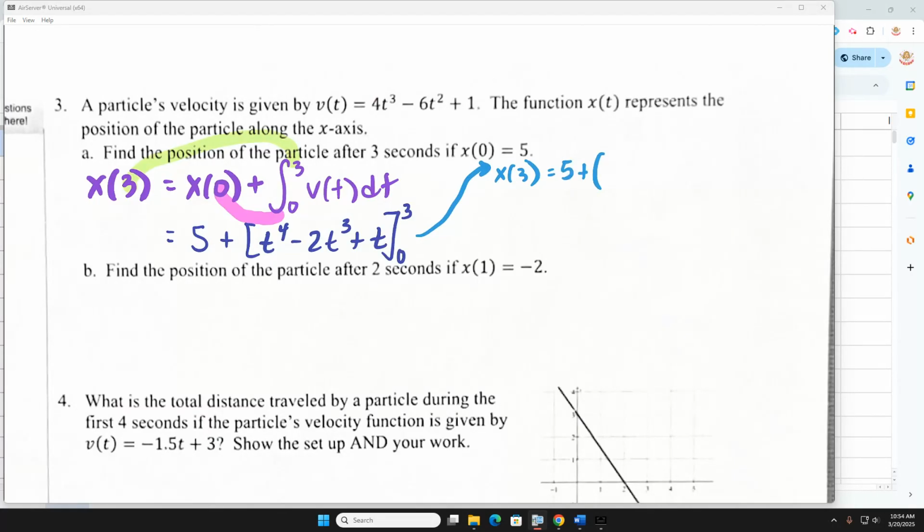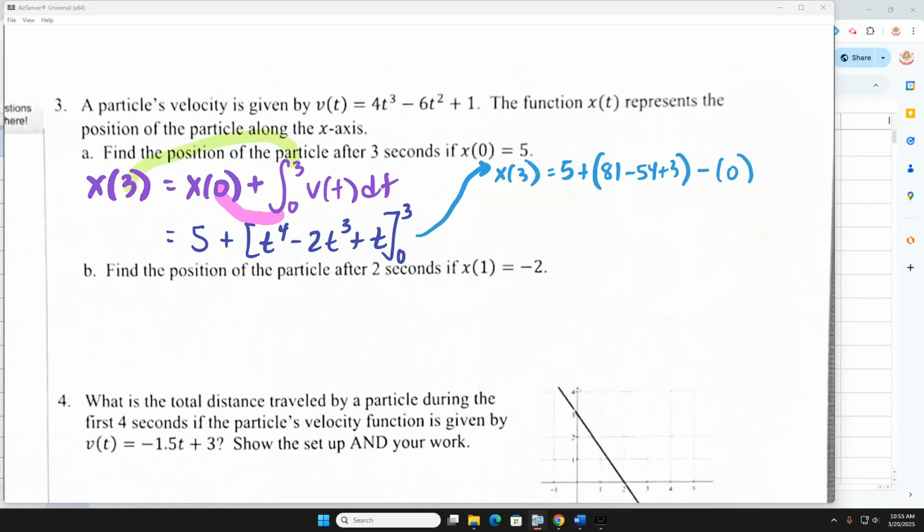So I'm going to plug in 3 and raise it to the 4th, cube it, and multiply by 2. And then it's just a regular 3. What happens when I put in 0? It's just all zeros. Good.